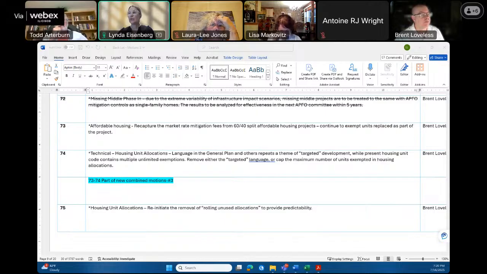That's 73 through 75. 73 goes to the point of, we've used this as an example, the 60-40 split housing projects.